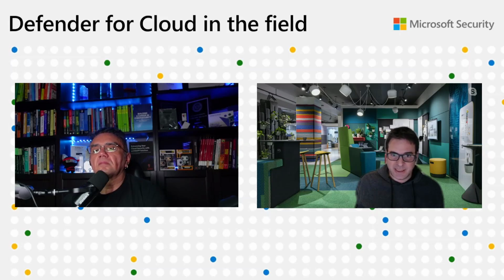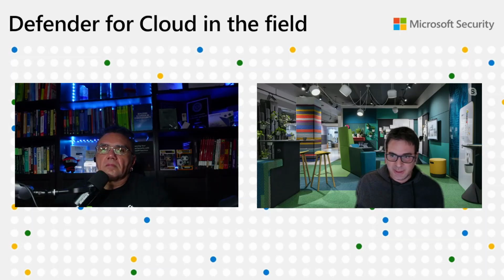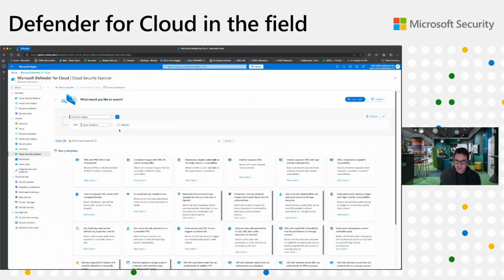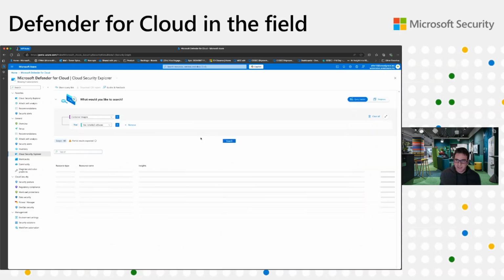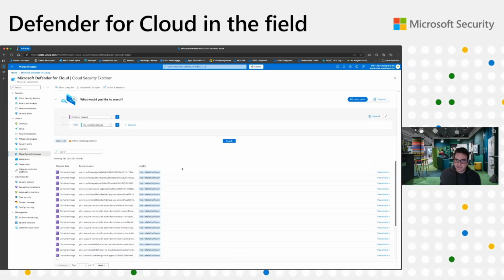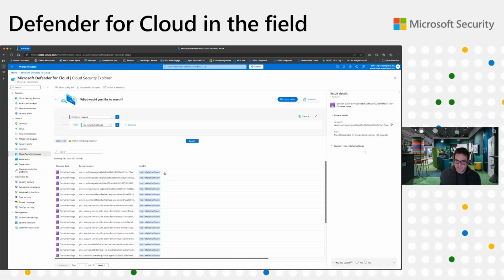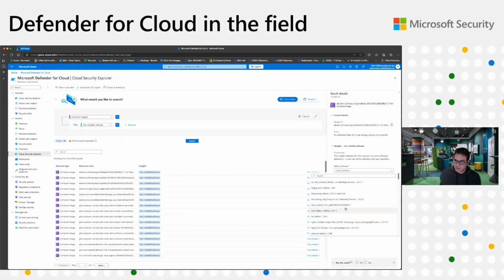To get to this information using the graph, I can start with container images, for example, and I can look at application, has software installed, and this will give me a list. It will give me all the images that are being used in my environment alongside the software that is being used on each and every image.